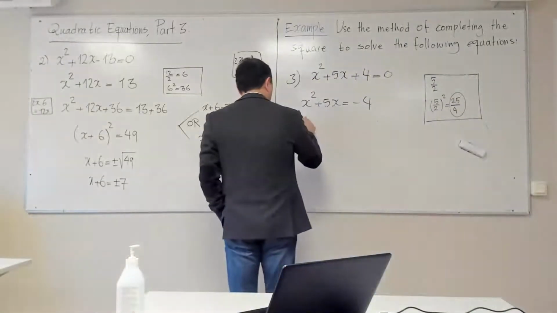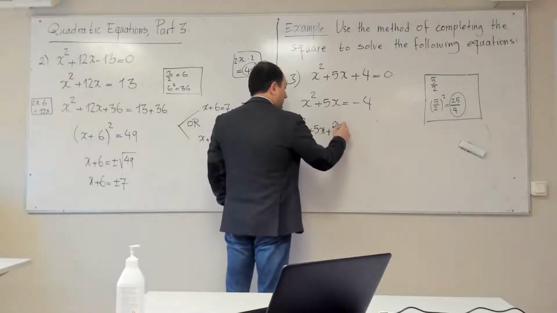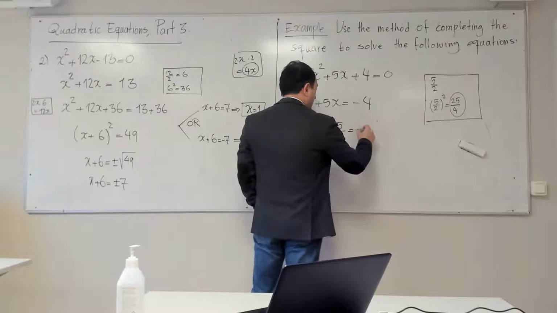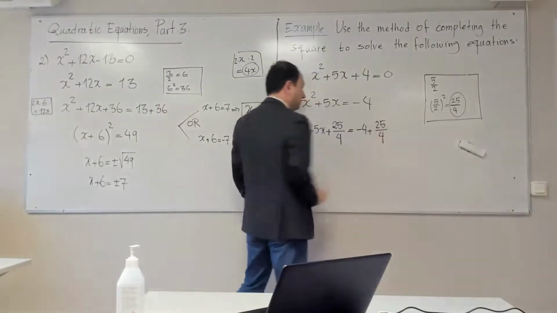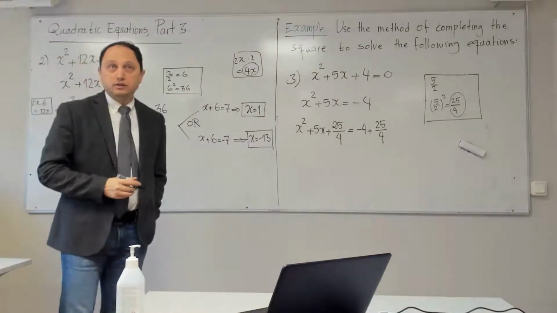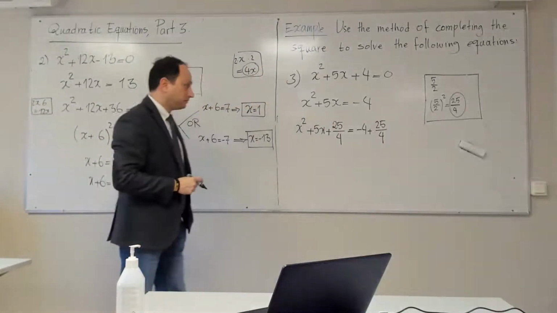I would write x squared, and then I would write 5x. Then I would write 25 over 4. But I need to add 25 over 4 to the right-hand side as well. So you see, nothing is actually very strange here. The only thing that I am doing is just working with fractions.